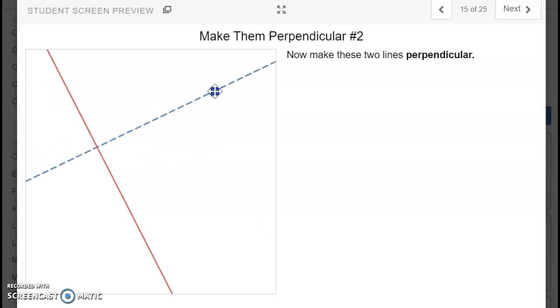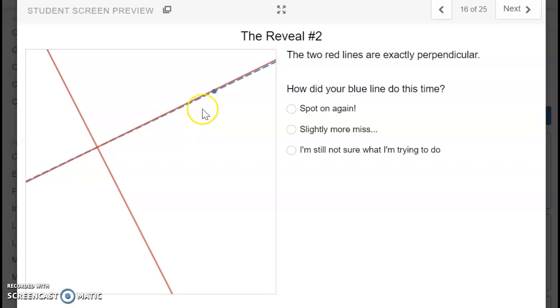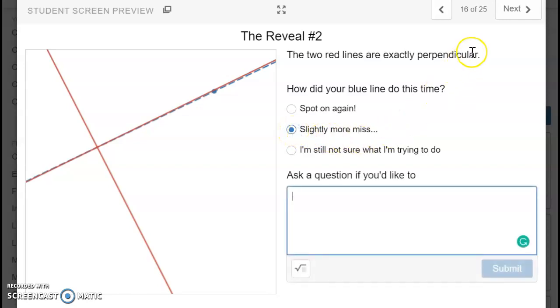Remember, think about a cross when you are thinking perpendicular lines. That looks like it's making about 90 degrees, so I'm going to check that by going on to the next card. I was a little bit off, just a tiny bit, but I know what I'm doing.